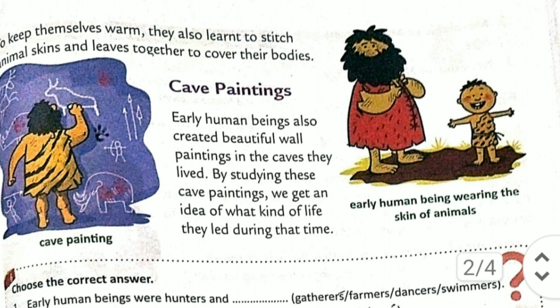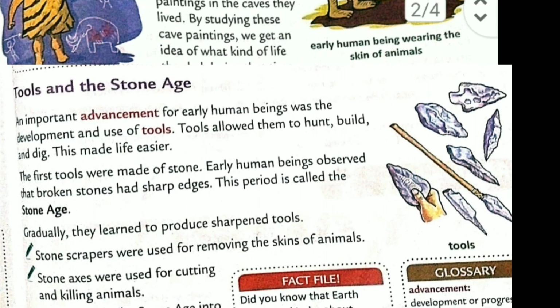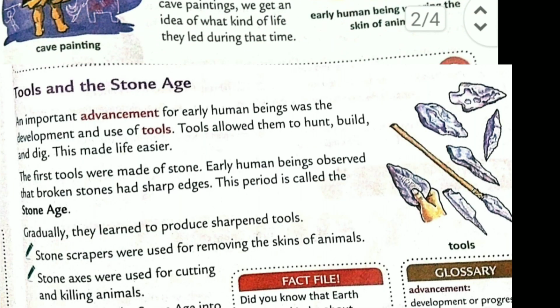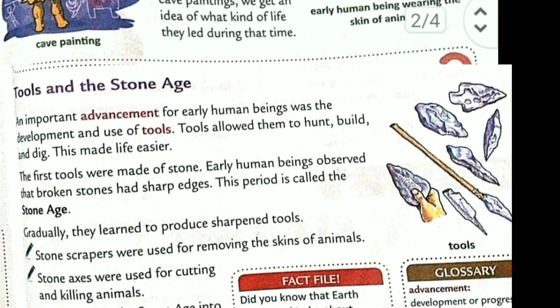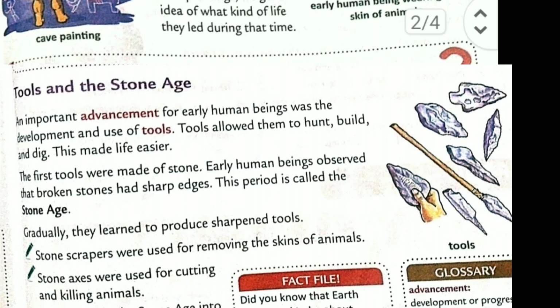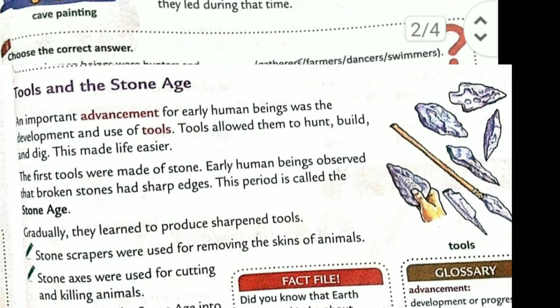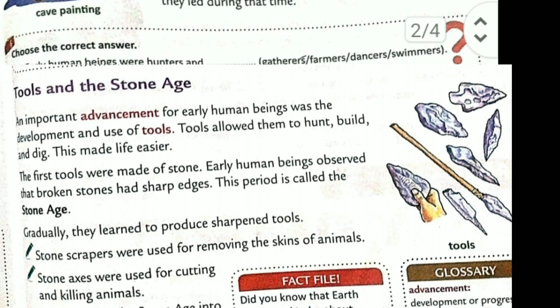Then next one, tools and the Stone Age. An important advancement for early human beings was the development and use of tools. Tools allowed them to hunt, build, and dig. This made life easier.